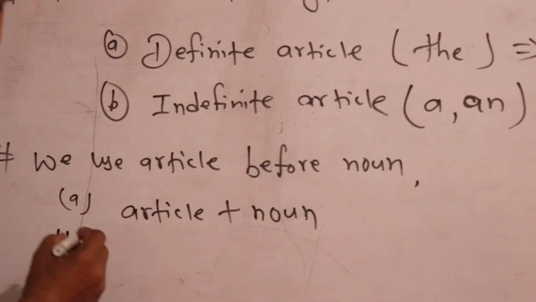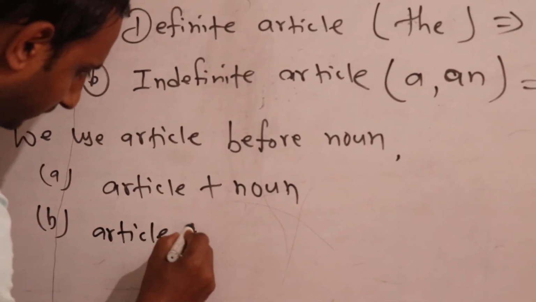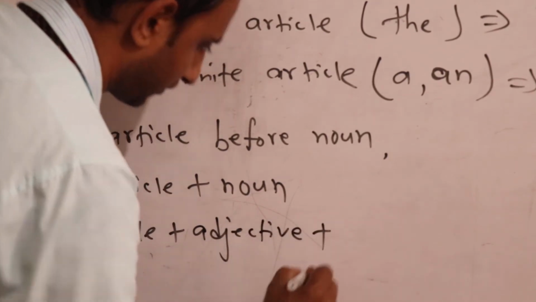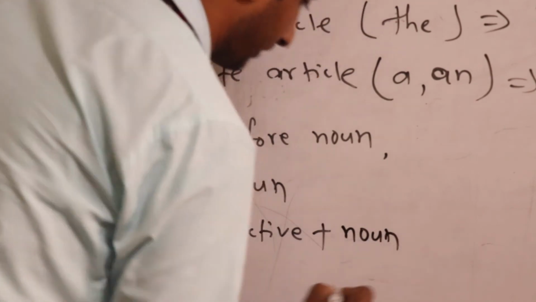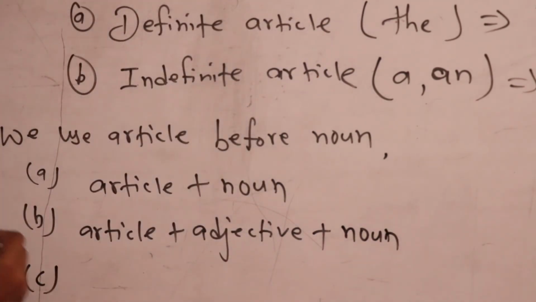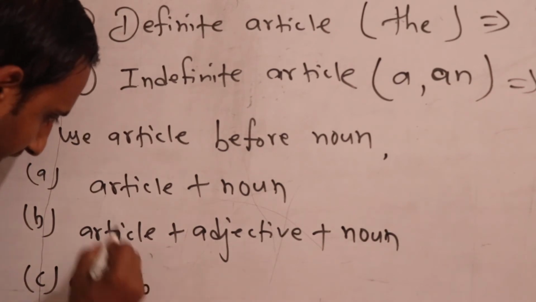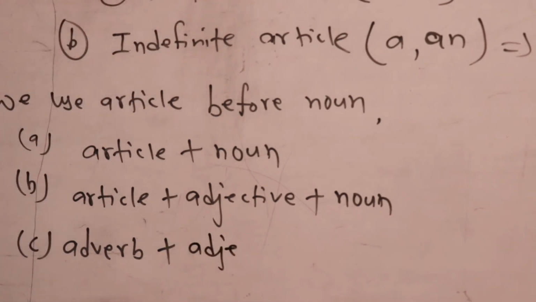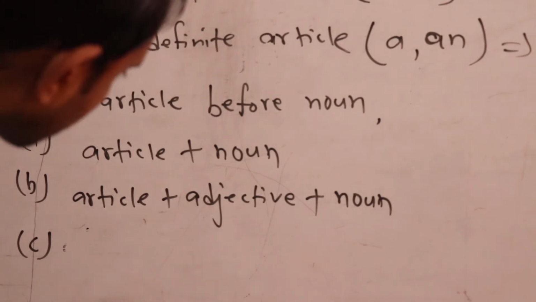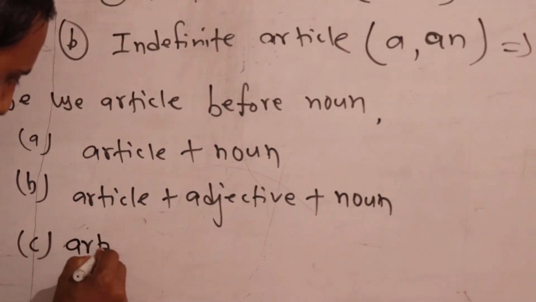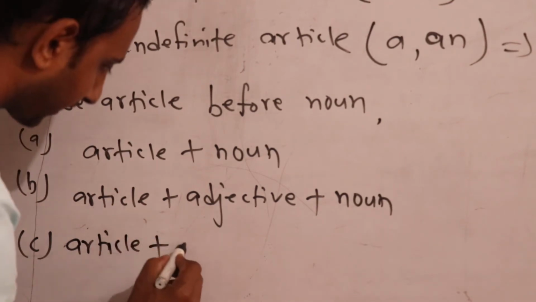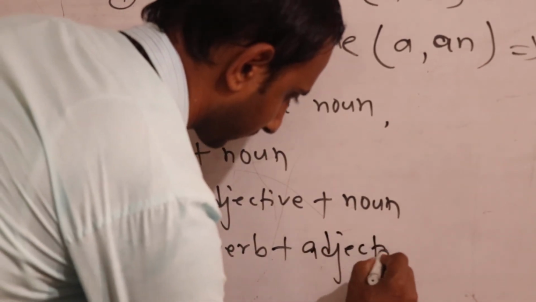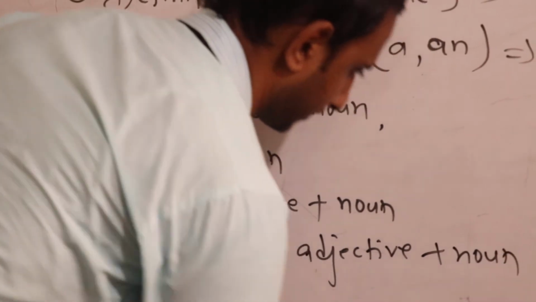Let's see the other structure. Article plus adjective plus noun, and another one is article plus adverb plus adjective plus noun.